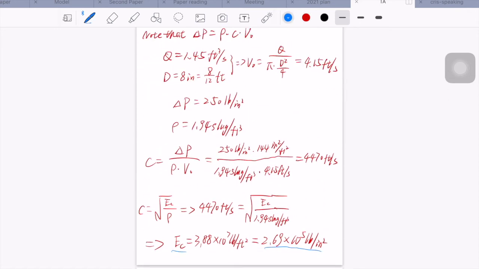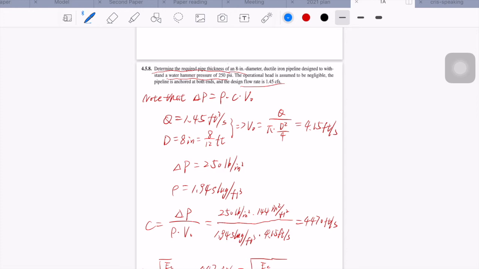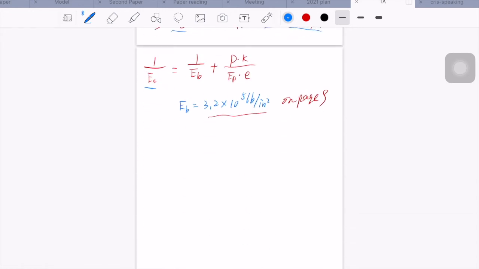And because we know this is ductile iron pipe, from table 4.1, we know the EP equals 2.3 times 10 to the power of 7 pounds per square inch. And we know the diameter is 8 inch.